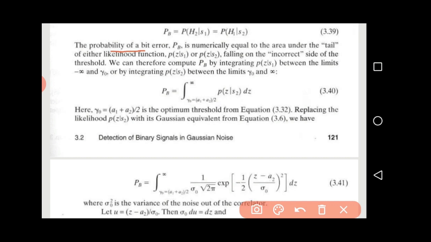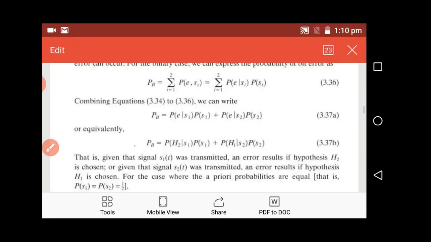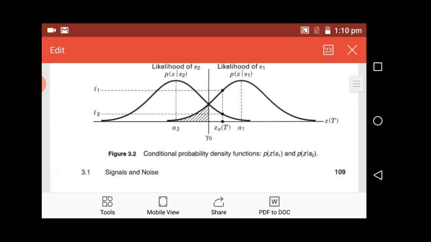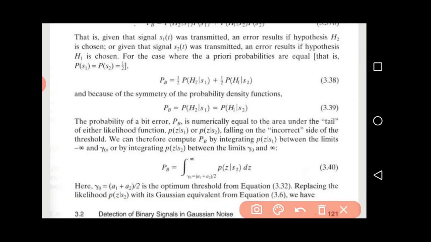The probability of bit error PB is numerically equal to the area under the tail of the likelihood function p(z|S1) or p(z|S2) falling on the incorrect side of the threshold, as we can see in this figure. We are talking about this region. We can therefore compute PB by integrating p(z|S1) between the limits of minus infinity and gamma 0, or by integrating p(z|S2) between the limits gamma 0 and infinity.